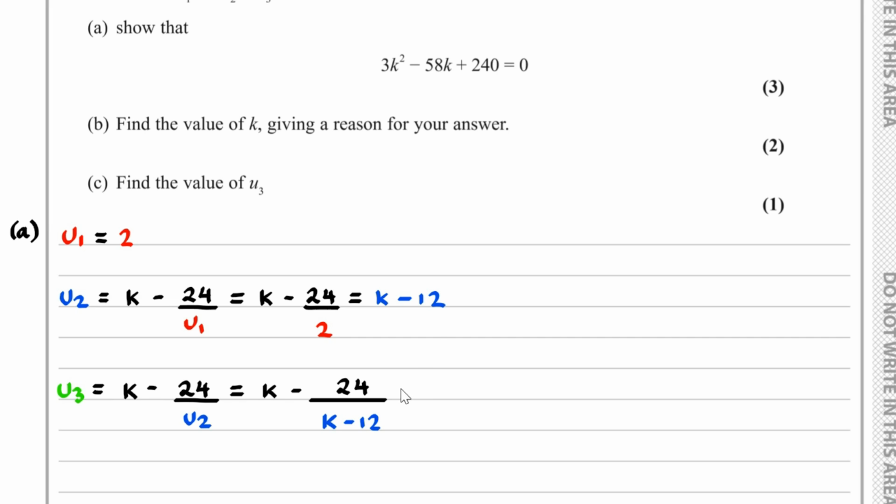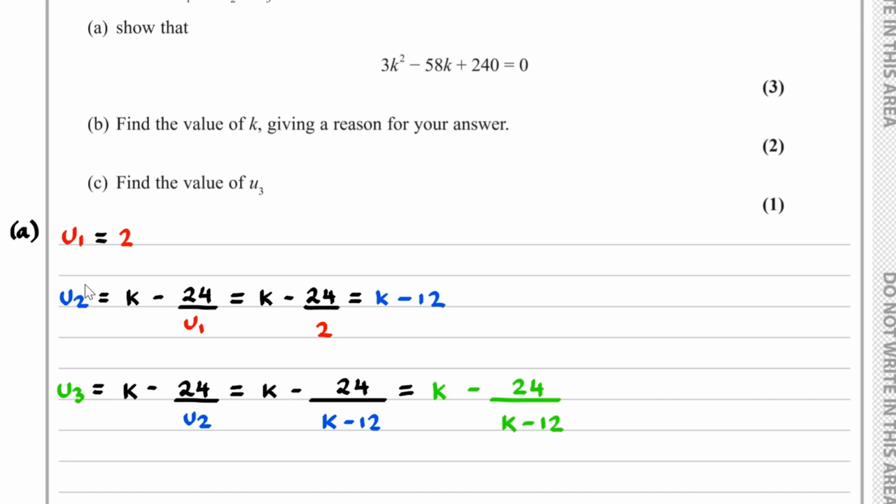And so therefore, U3 is equal to k minus 24 over k minus 12.